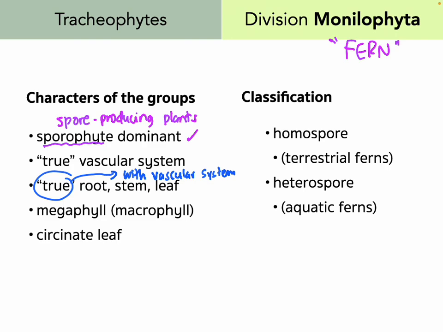So you cut them open and you see, and these now have a megaphyll, the leaf with multiple veins in it. So this is now true megaphyll. And the key character, if you don't remember anything else, this group has what we call circinate leaf. Circinate leaf is a curled young leaf.